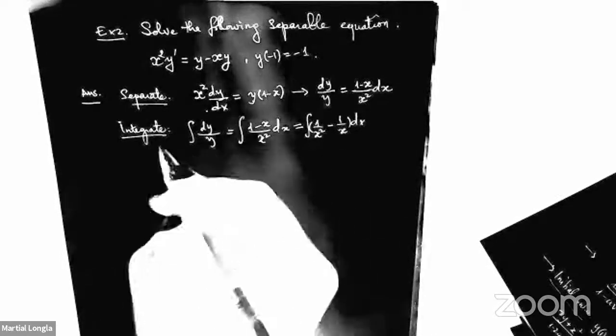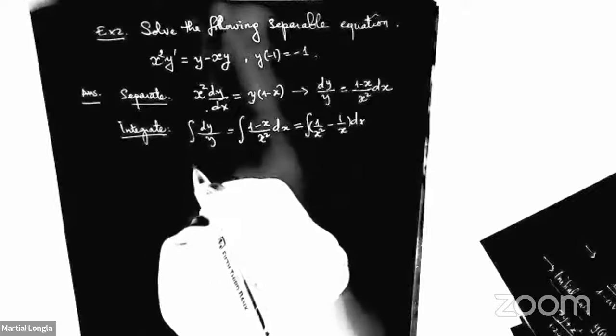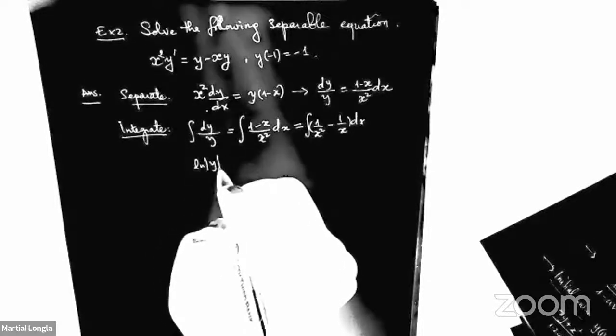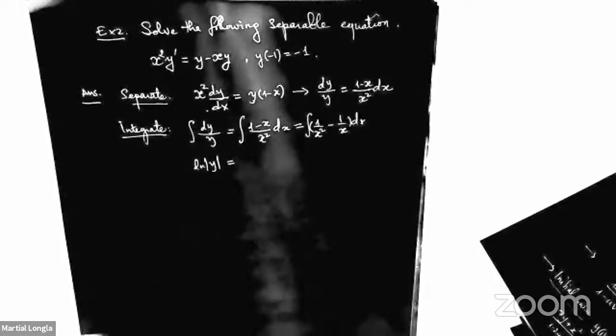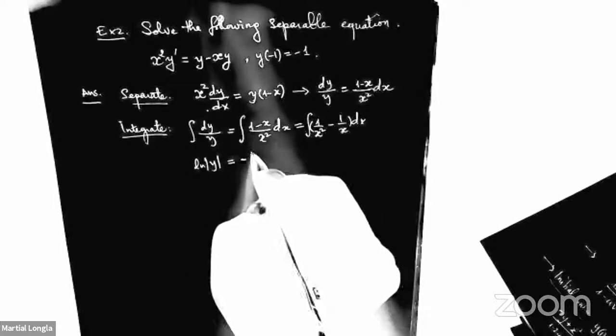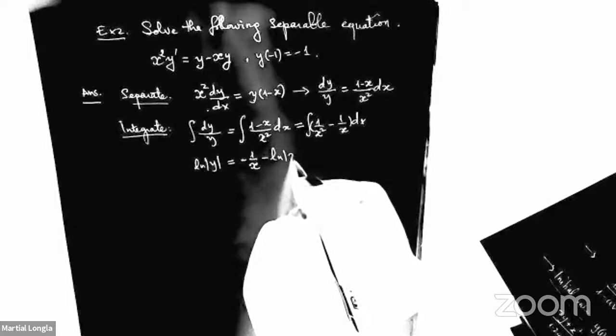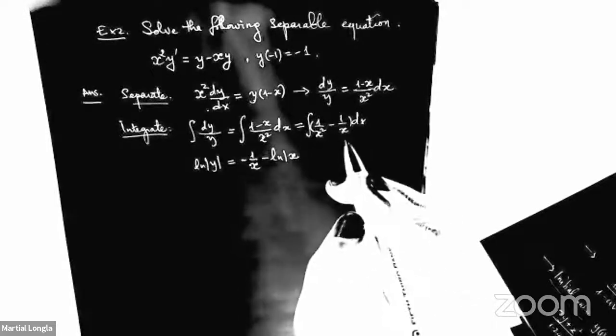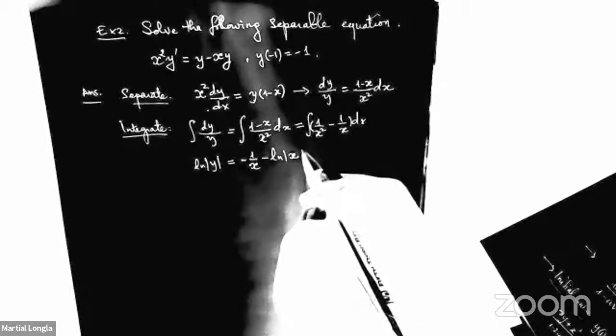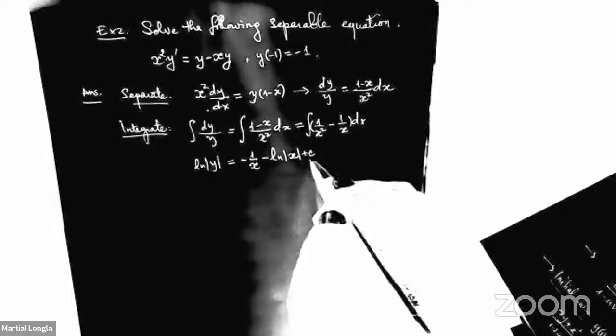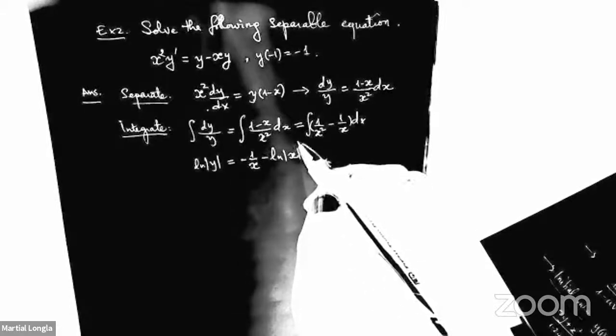And now you can find out what each of the integrals is. This is ln, absolute value of y. And that is minus 1 over x minus ln absolute value of x plus a constant.